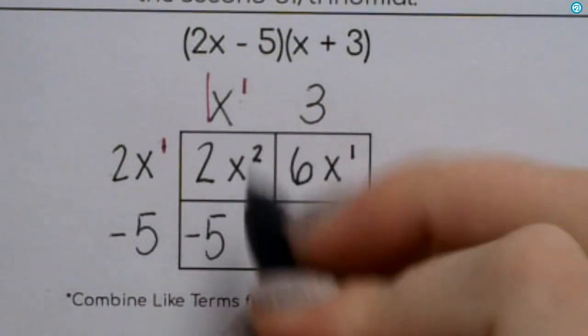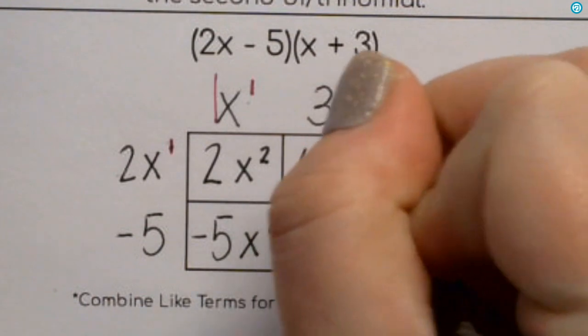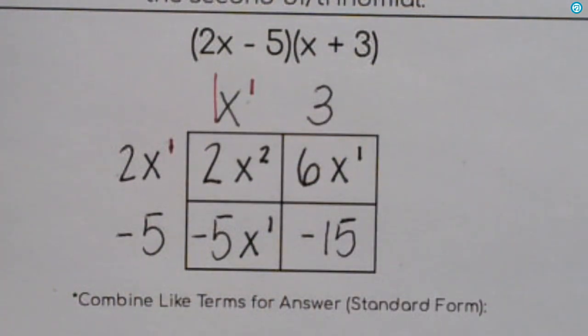And then my x to the first still comes down. And then bottom right-hand corner, negative 5 times 3 is negative 15. Okay. Any questions about filling out the boxes?